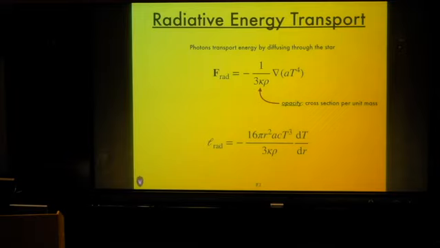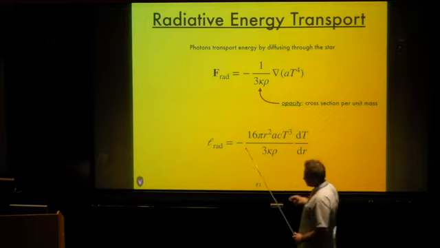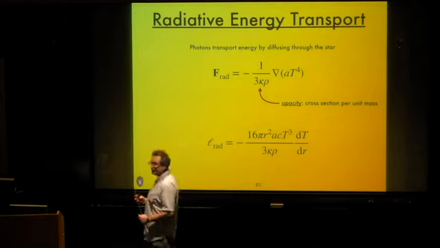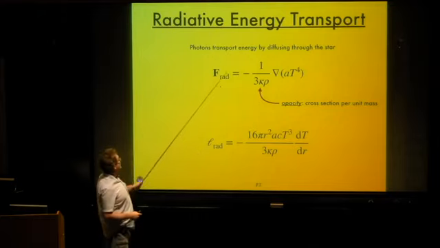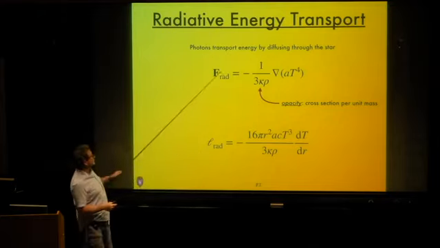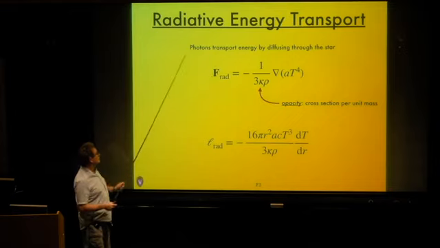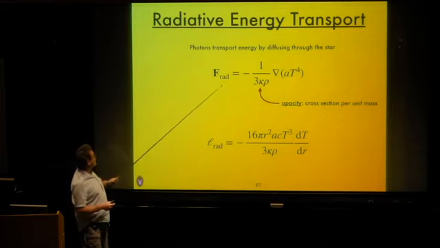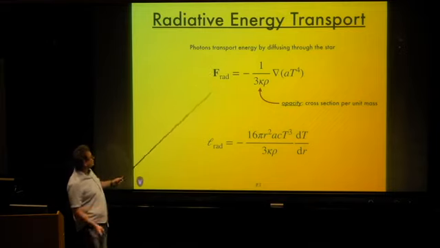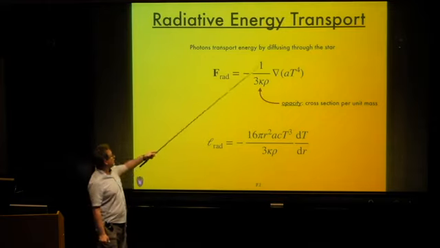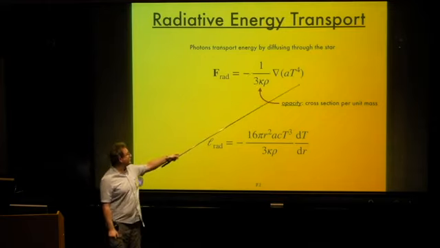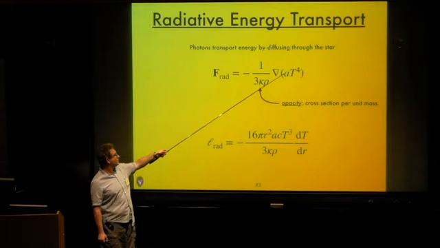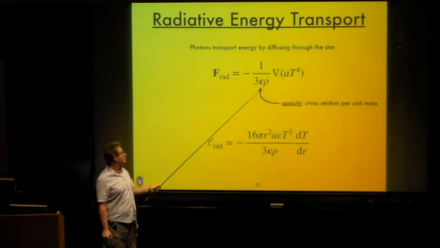I'm going to start out by talking about radiative energy transport. So this is just photon diffusion. And the equation governing this is just a diffusion equation that tells us that the flux, the energy per unit second per unit area, of energy due to photons just depends on the gradient of the photon energy density, which is radiation constant times temperature to the power of 4.